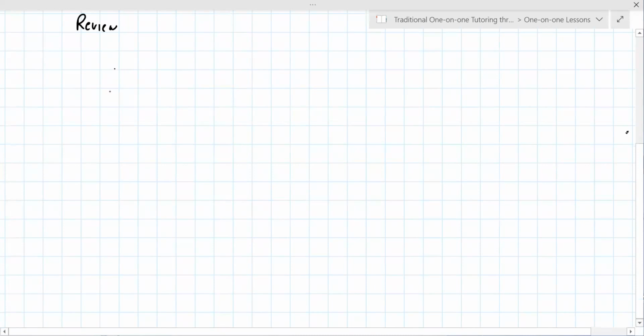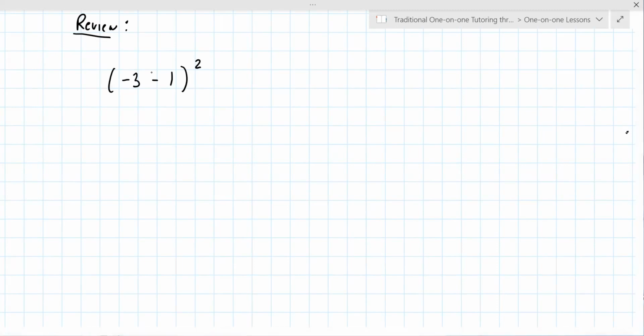So for example, what is minus 3 minus 1 squared? So this is something we looked at last time. You have to work out the part inside parentheses first.